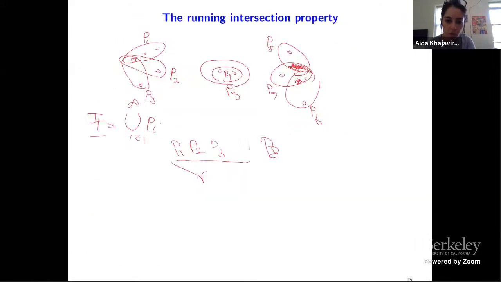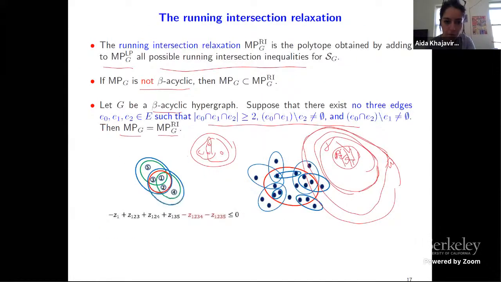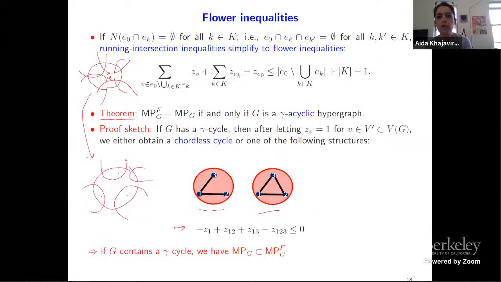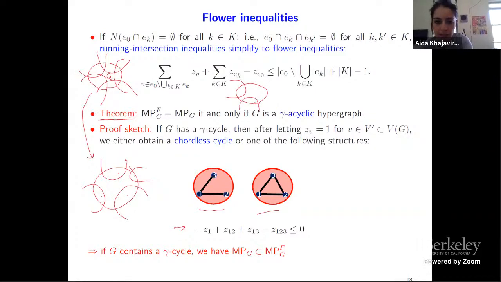Even for the flower one, if you look at the definition, it tells you to take a center edge and any subset of the neighbors such that they don't intersect with each other, and then you can write an inequality. If I have a center edge and m other edges that are neighbors, I can write on the order of 2 to the m flower inequalities.